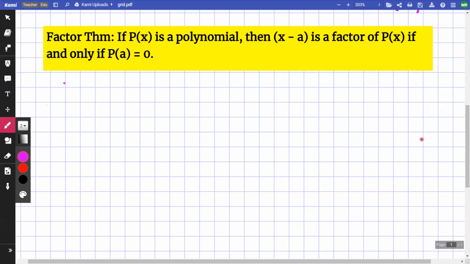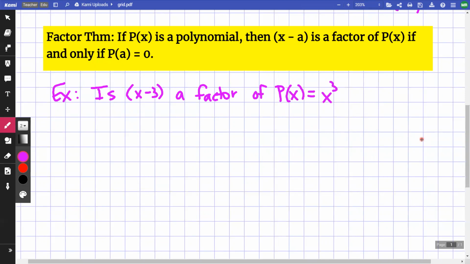And they said, okay, we want to know, is x minus 3 a factor of the polynomial p of x equals x to the third plus 5x squared minus 17x minus 21.